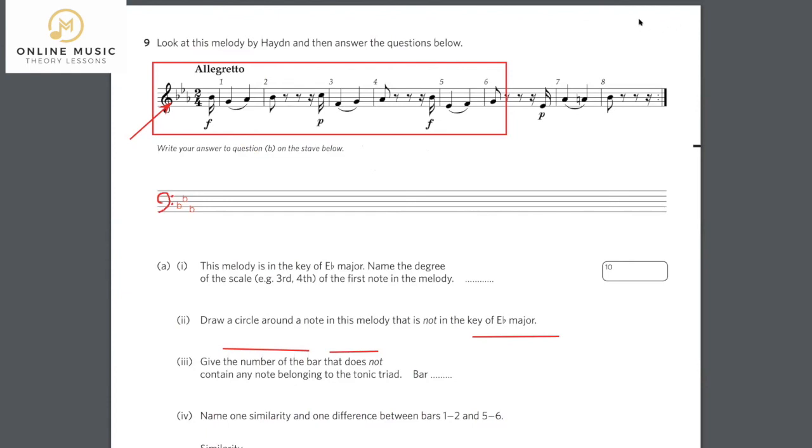The time signature is 2/4. And there we are. We need to add the slurs in, of course. And the tempo.